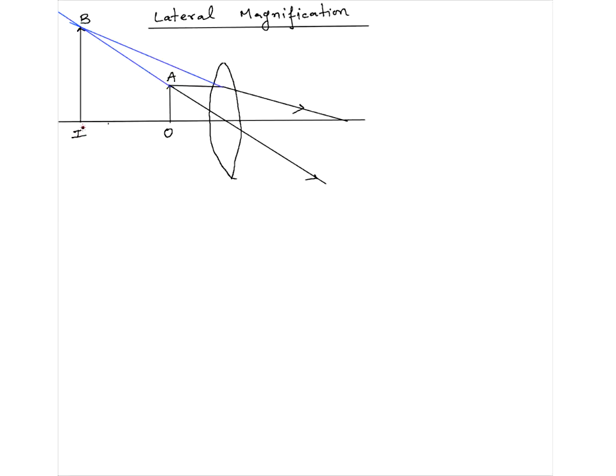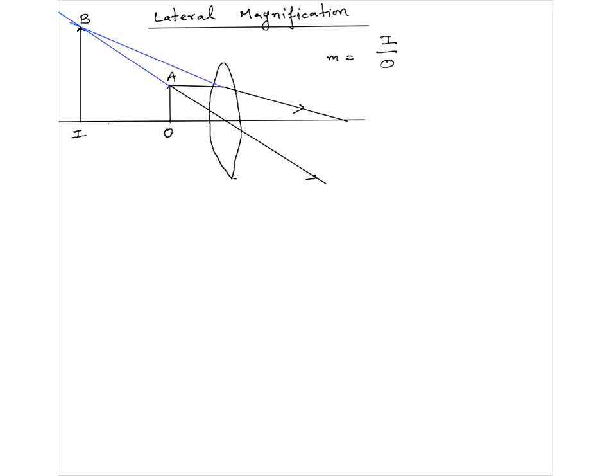We want the formula for magnification. Magnification is defined as I by O, I with sign upon O with sign. Now I have used I and O here. I here is height, O here is height. Which sign?